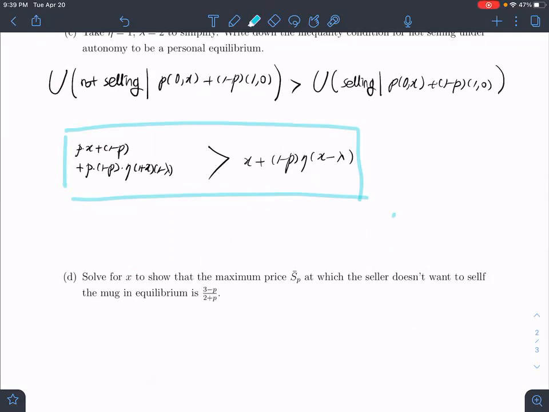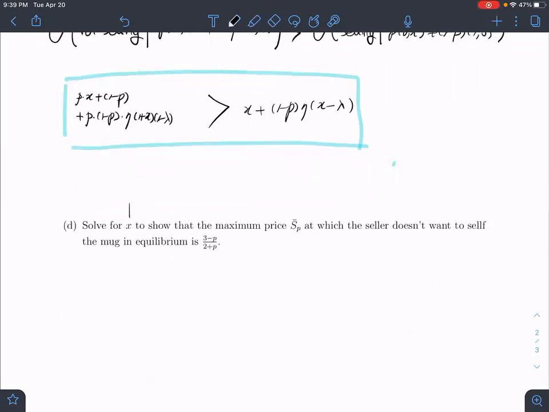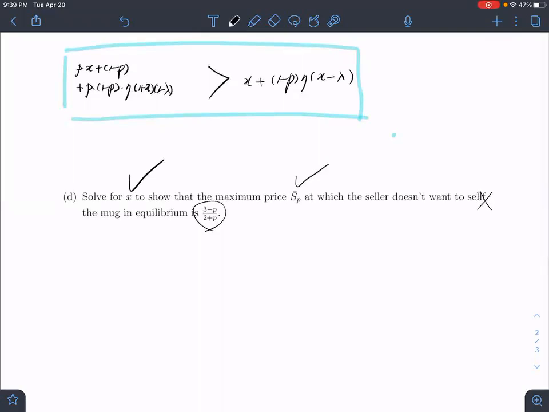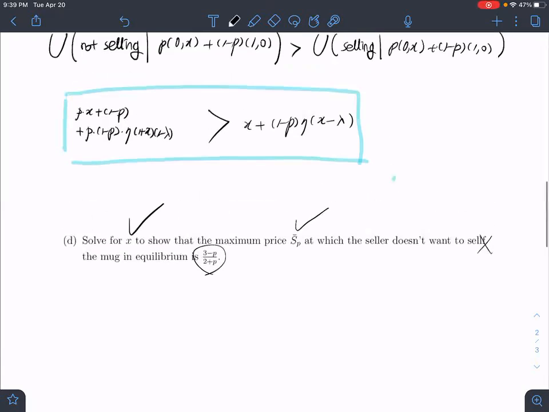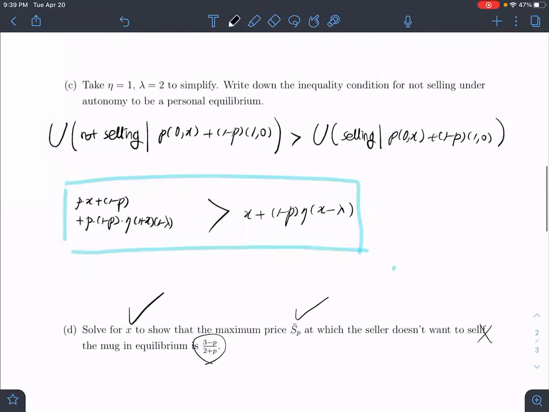Okay, so the final piece of this question is asking us to solve for x to show that the maximum price at which the seller doesn't want to sell the mug in equilibrium is this value. Before moving on, there was a question. Jose was saying, yes, we need to plug in everything. Do you mean we need to plug in here like this to make this inequality?